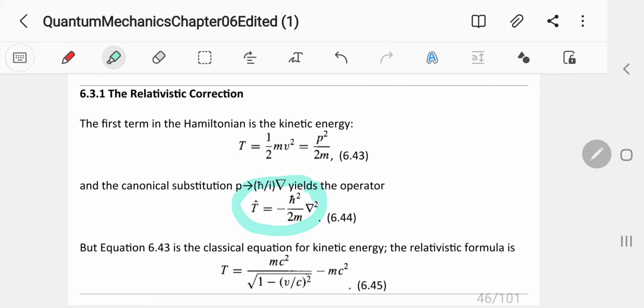However, your p squared over 2m is not relativistic, and you have to convert it to the relativistic formula. The kinetic energy is just equal to this term here.